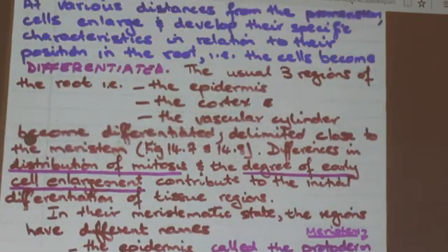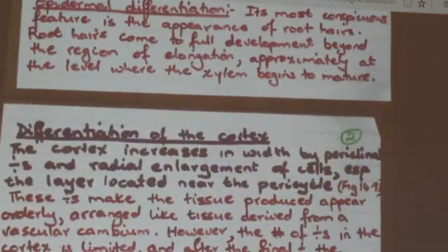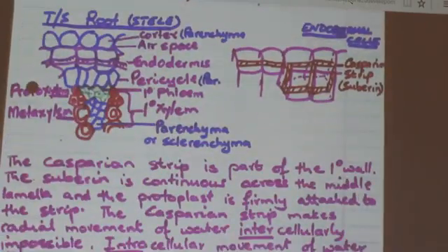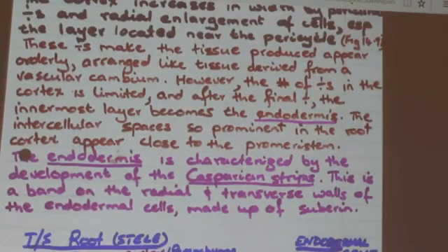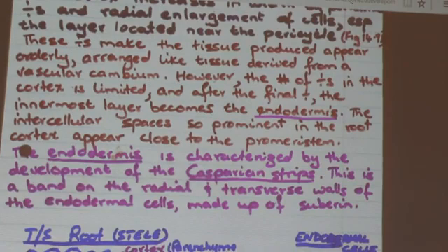Okay, everything I have said is explained in all these pages, except what I'm about to tell you now. If we'd done our practicals, we would realize that in the root, in the stele, we have a special group of cells which we call endodermal cells.